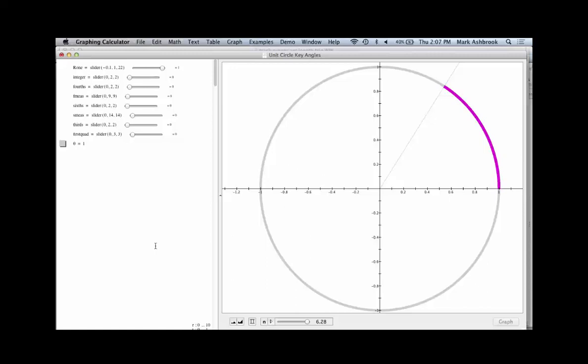All right, so here's where it began. What am I showing here? What is the idea behind what I'm showing here? One radius length wrapped on the circle, therefore an angle of 1 radian. Okay, so that's where it all began.